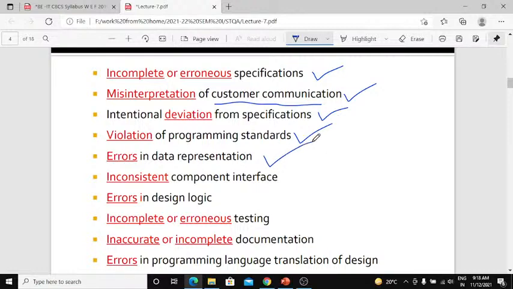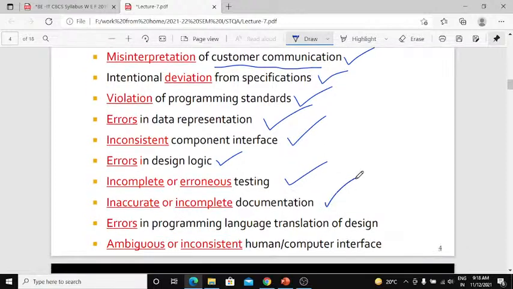There are errors in data representation, inconsistent component interfaces or module interfaces, errors in the design logic, incomplete or erroneous testing, inaccurate or incomplete documentation, and errors in the programming language translation of the design, that is, while converting the design of the software to the implementation.